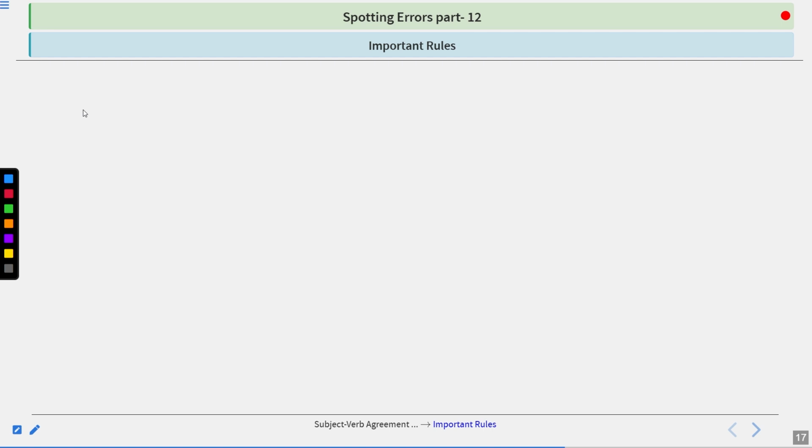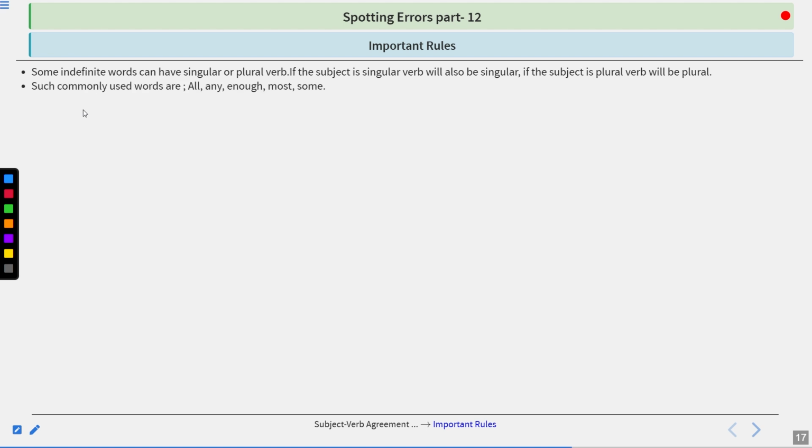Again, important rules. Some indefinite words can take a singular or plural verb. If the subject is singular, the verb will also be singular. If the subject is plural, the verb will be plural. Such commonly used words are all, any, enough, most, some. All she wants is to be happy. All her dreams have come true.